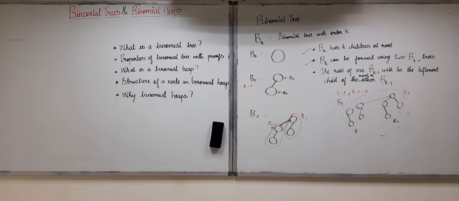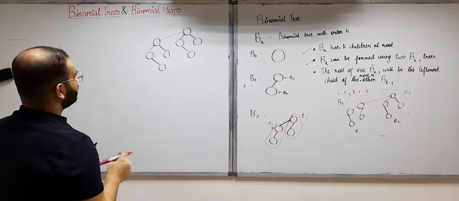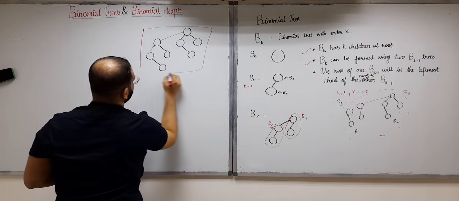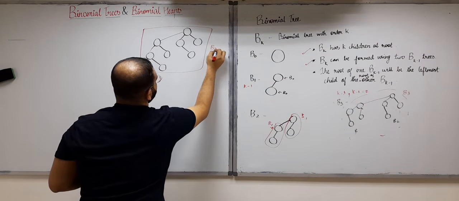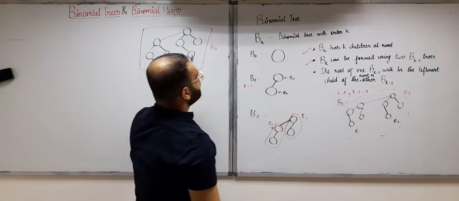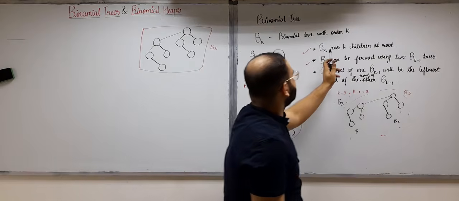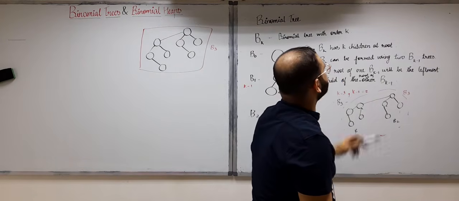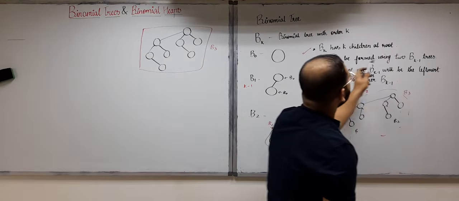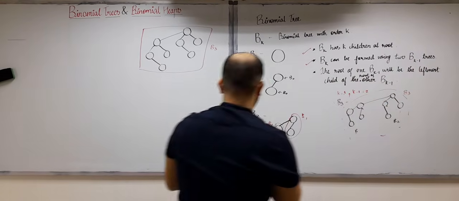Okay. So I'll draw it again over here. As you can see, this complete tree that I've got is B3, or the binomial tree with order 3, right? So over here B3 should have 3 children at root. Does it have 3 children at root? Yes, 1, 2, 3. B3 can be formed using two B2 trees.